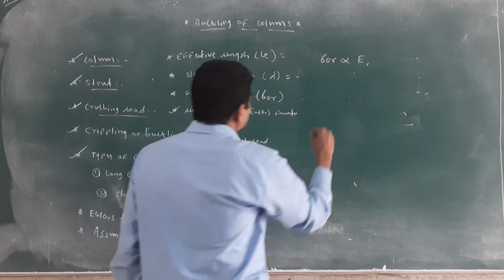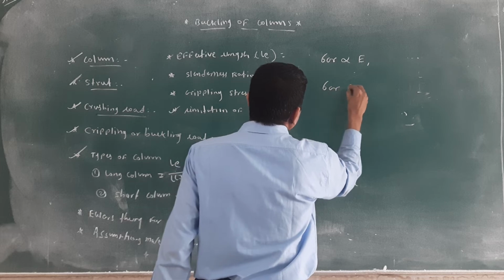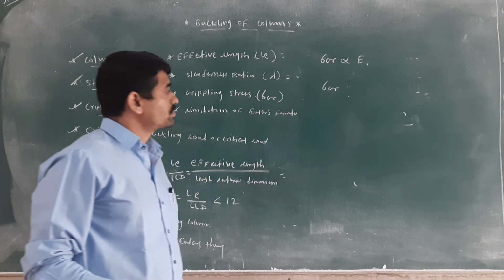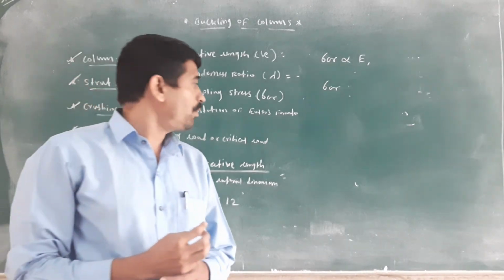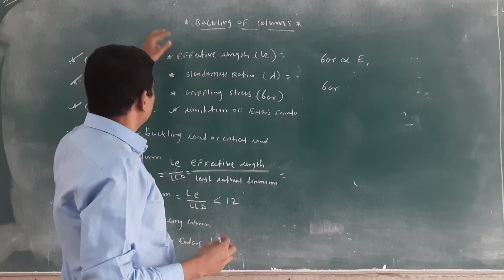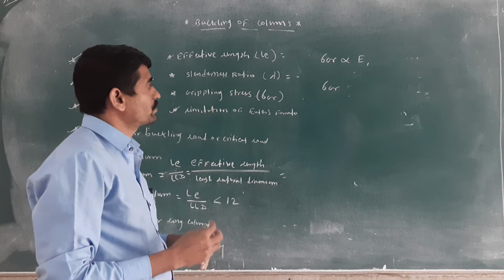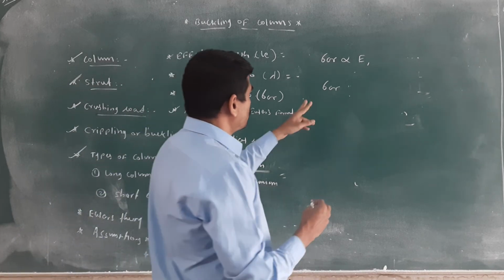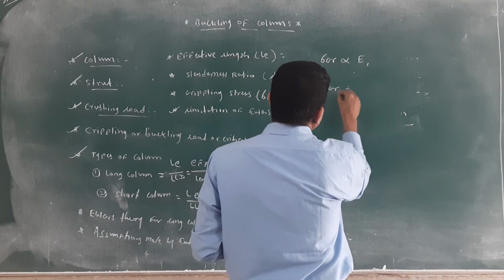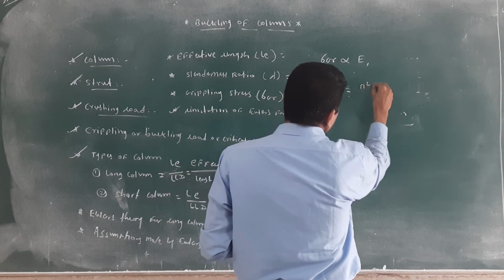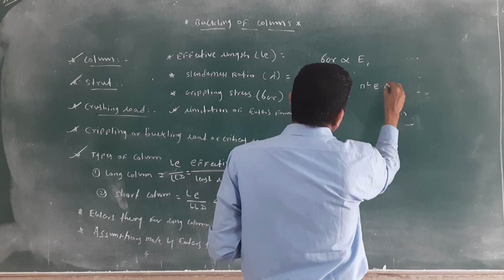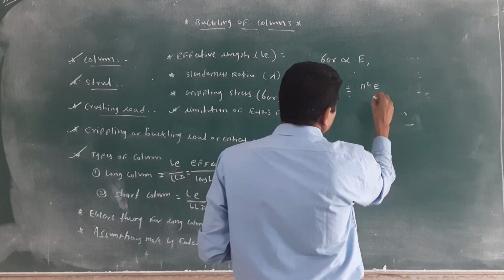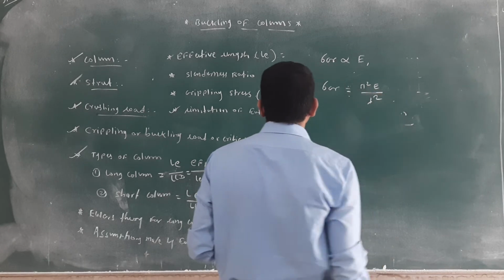Also, the crippling stress is inversely proportional to the square of the slenderness ratio. What is this formula? Sigma CR is equal to pi square E divided by lambda square.